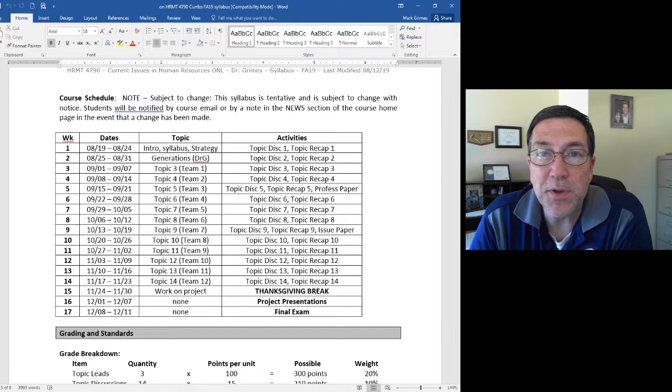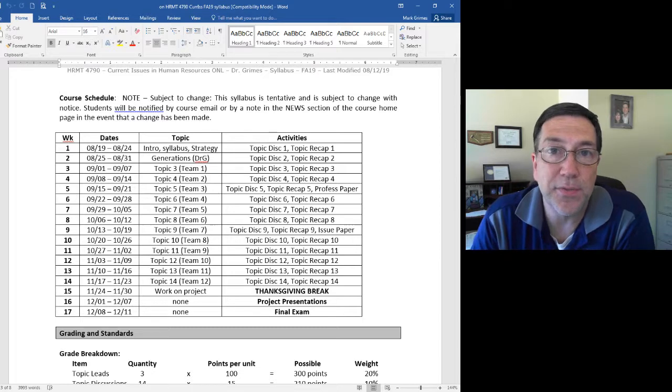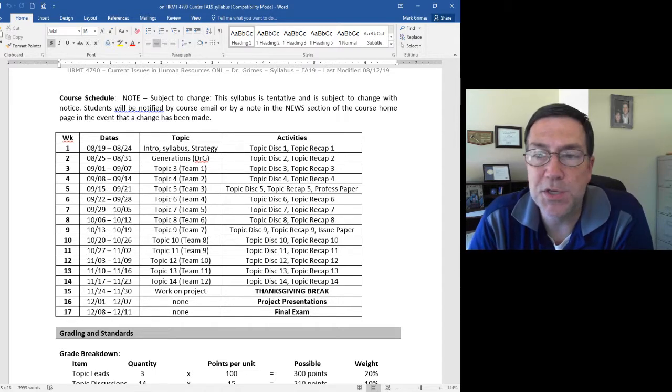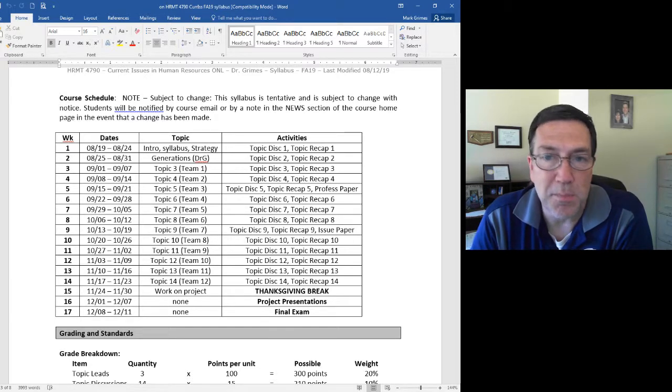Starting in week number 3, you guys are going to be doing the research. For the strategy and the generations, there are already articles loaded out there in the discussion board for the particular topic in SHRM. There's also already some background information in the form of talking points. I'll mention that later. There's already a discussion question set up. But starting with week 3, you guys are going to pick a topic.